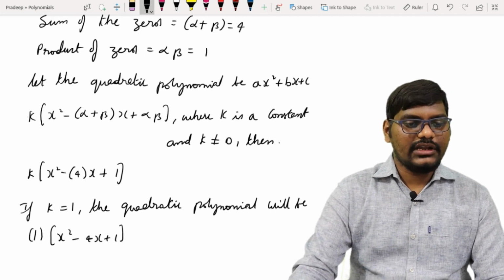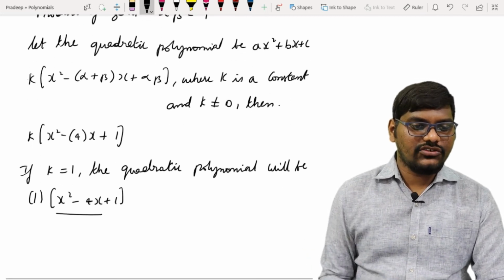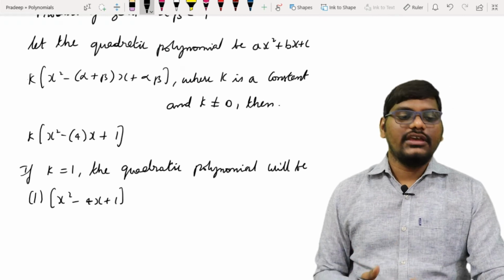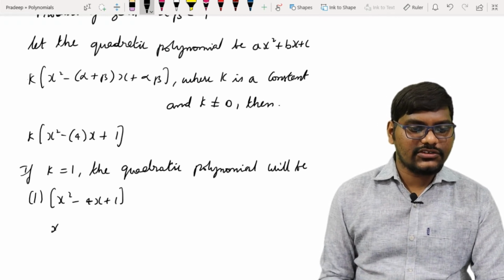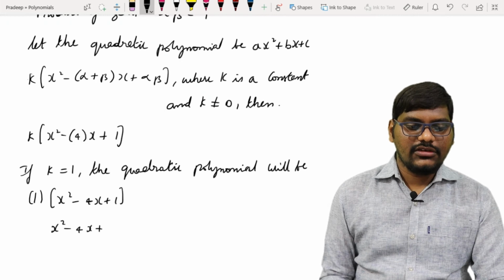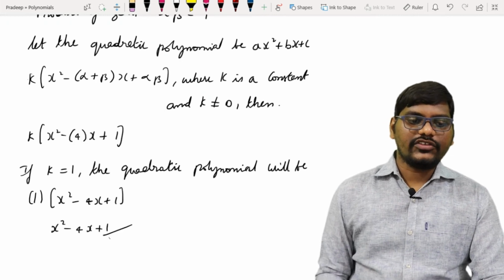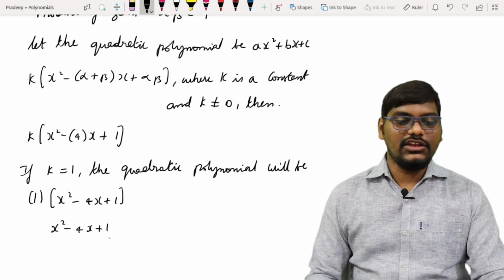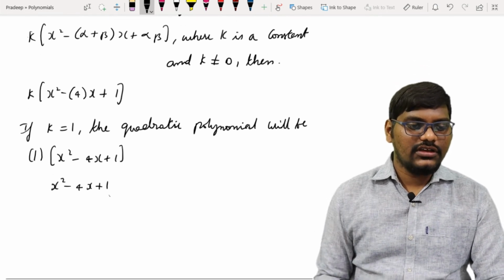Even if I multiply the expression by 1, there will be no change in the values, so I can write this as x square minus 4x plus 1. Okay, so this is the equation which we got for the given values. So let's write the conclusion.